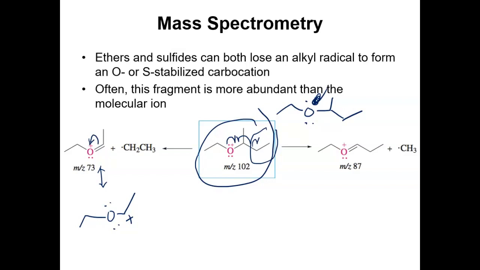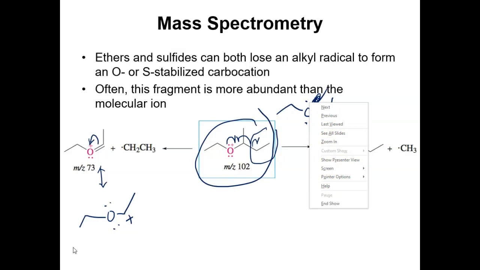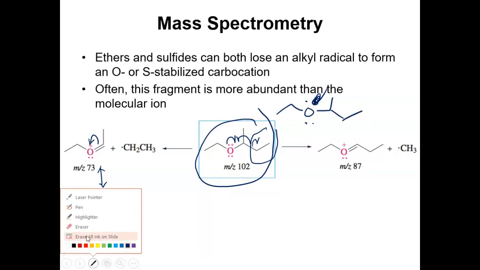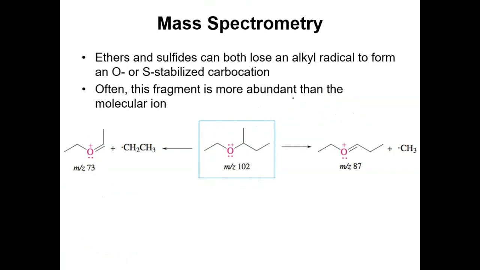And that's not the only way to undergo the fragmentation process. The other fragmentation process that can also happen is, instead of breaking off the ethyl radical, you can also break off a methyl radical. So we do it here, and here, and here. Then we break off and get a methyl radical.